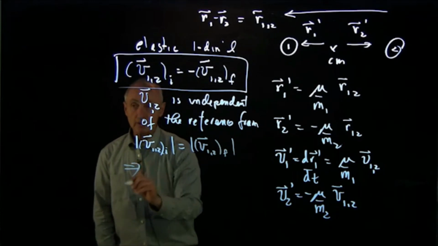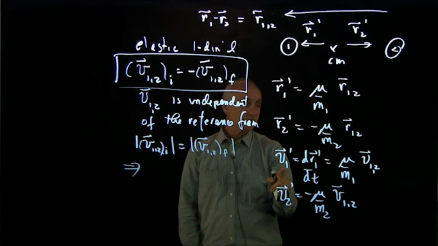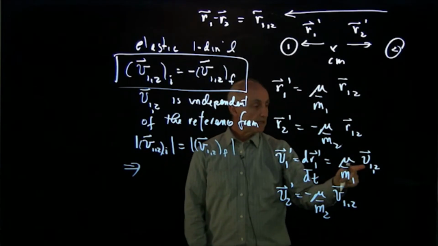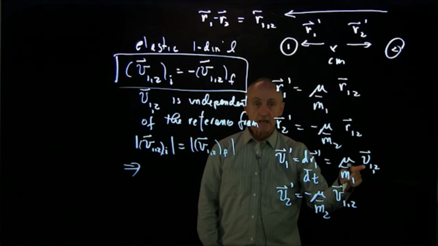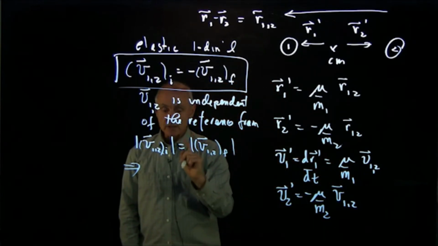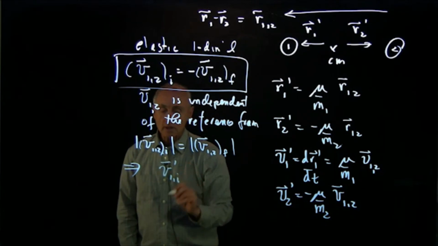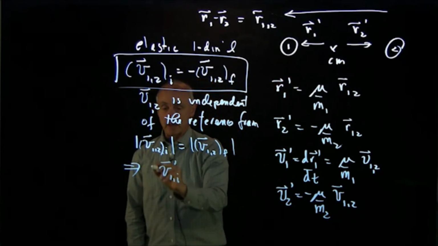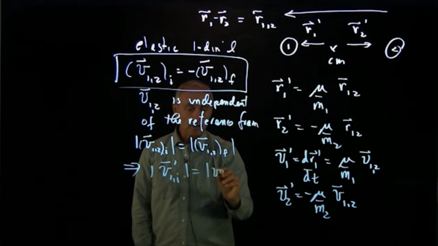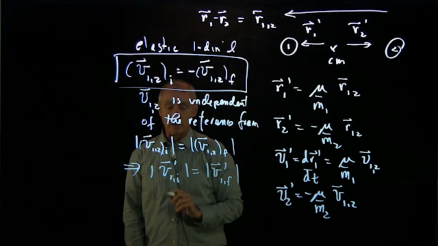And the conclusion is, because in the center of mass frame v1 prime is proportional to the relative velocity, that in a center of mass reference frame, the initial velocity of object 1 is equal in magnitude to the final velocity of object 1.